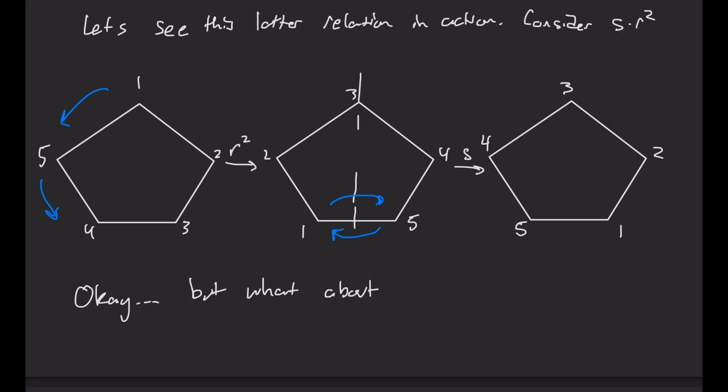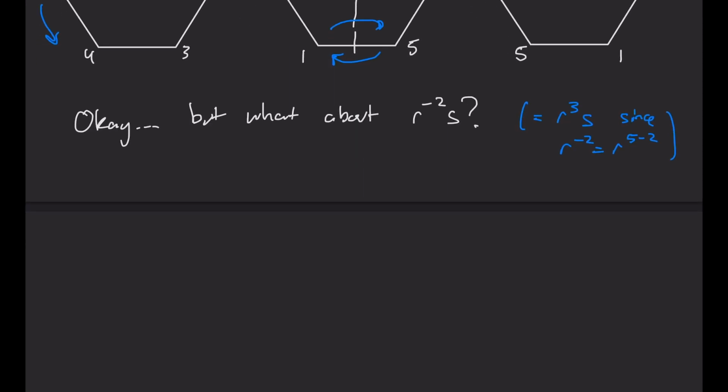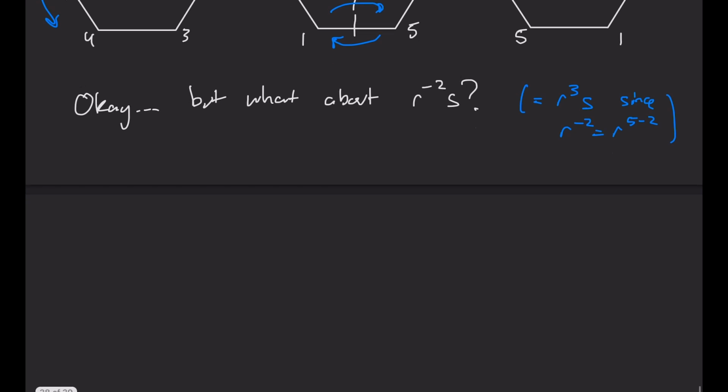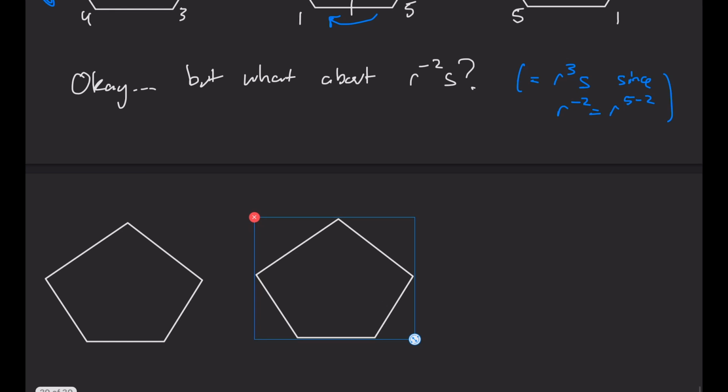Okay, but what about R to the negative 2 times S? So R to the negative 2 is just R cubed, since R to the negative 2 is just R to the 5 minus 2, as we saw above. So let's look at that symmetry. So let's do 3 pentagons again, but first we'll do S, and then we'll do R cubed after.